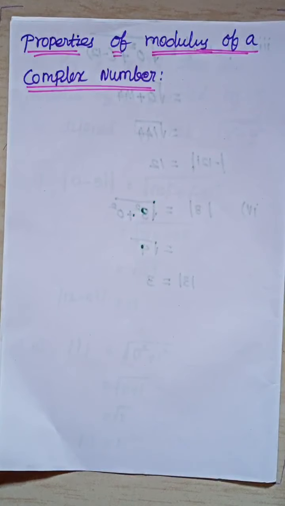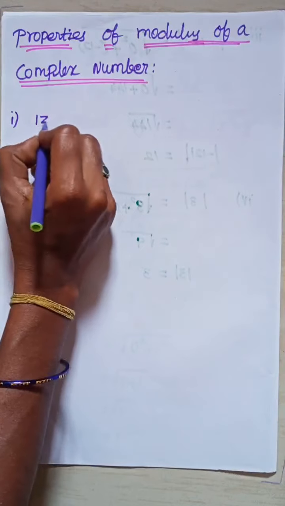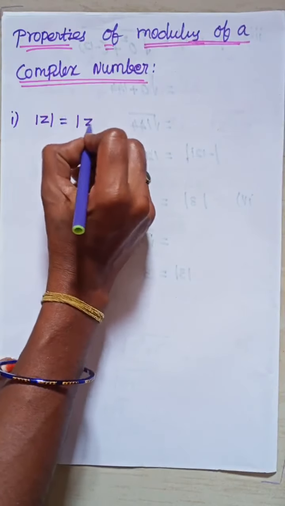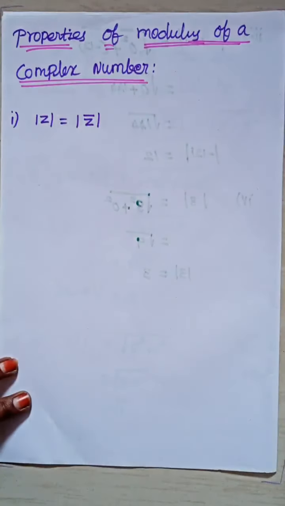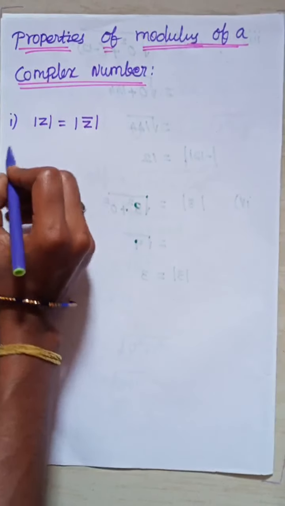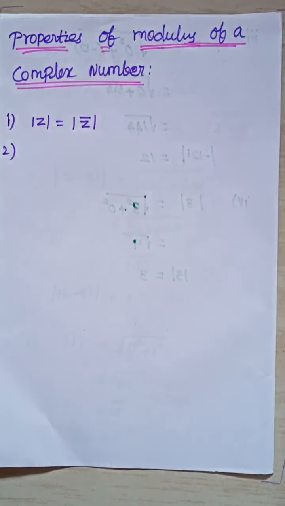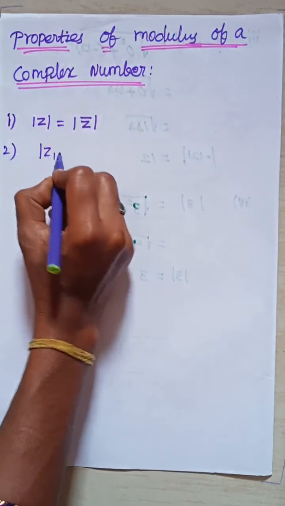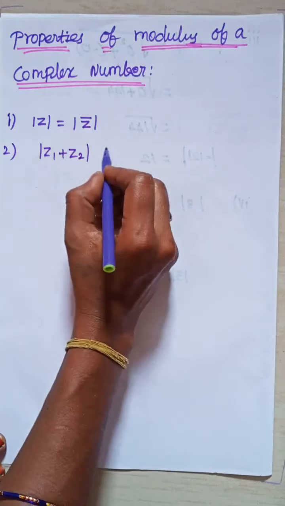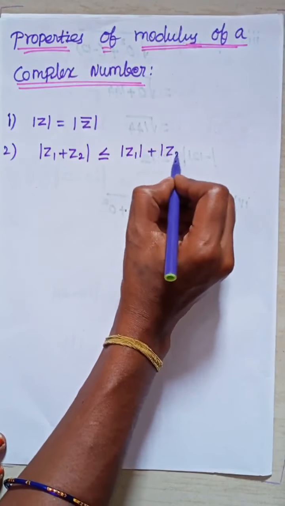See the first property. The first property is modulus of z is equal to modulus of z bar. And the second property is modulus of z1 plus z2 is less than or equal to modulus of z1 plus modulus of z2. It is a very well known property.